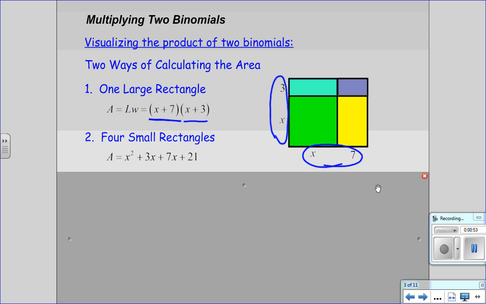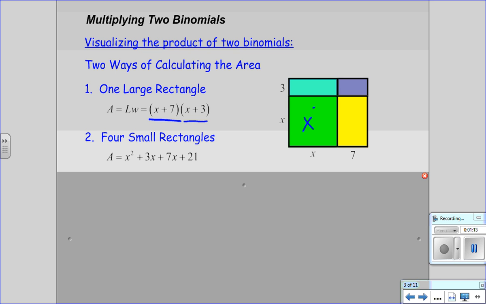This is our binomial multiplication. Another way of finding the area of this rectangle, however, would be to find the area of each of the small parts of our rectangle. So to do that, we could do four little multiplication problems, four little area problems.